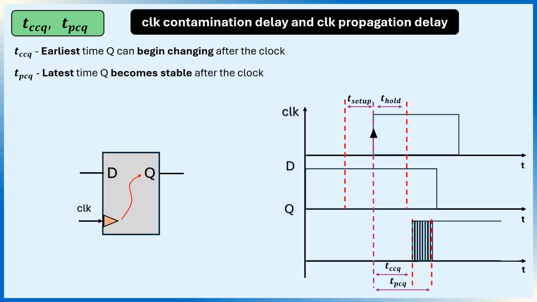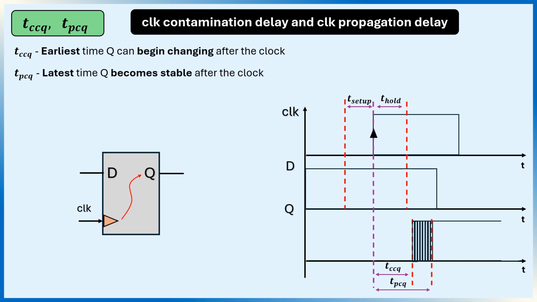A real flip-flop doesn't have just one clock-to-Q delay. Instead, it has two. Clock-to-Q Contamination Delay is the earliest time output Q can begin changing after the active clock edge. Think of it as the fastest possible response of the flip-flop. And Clock-to-Q Propagation Delay is the latest time the output Q is guaranteed to be stable.